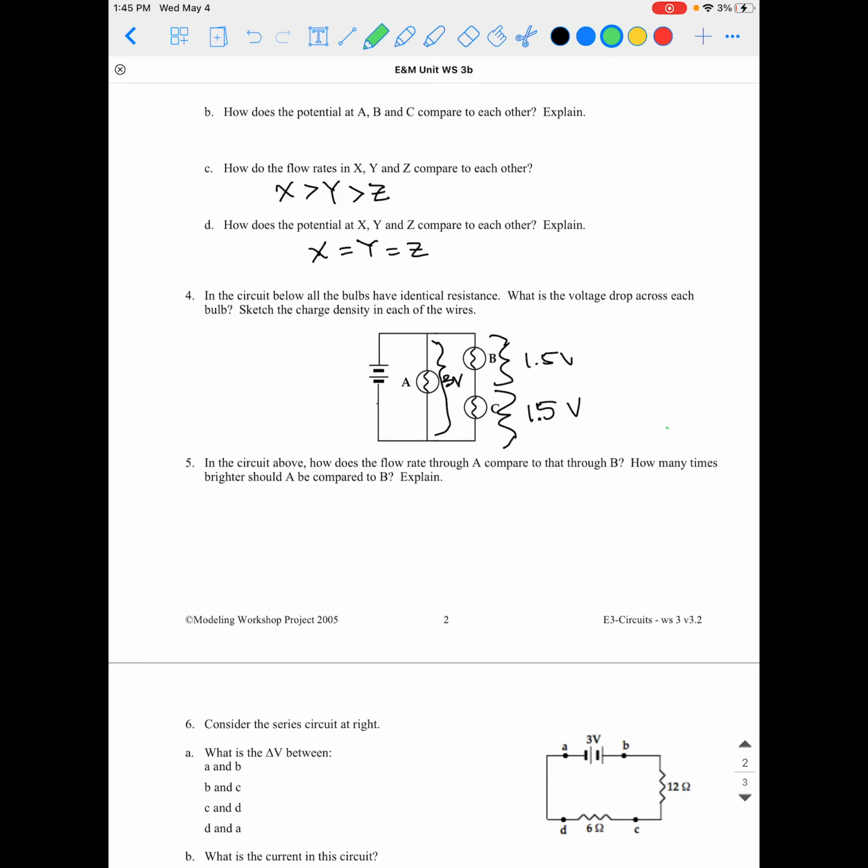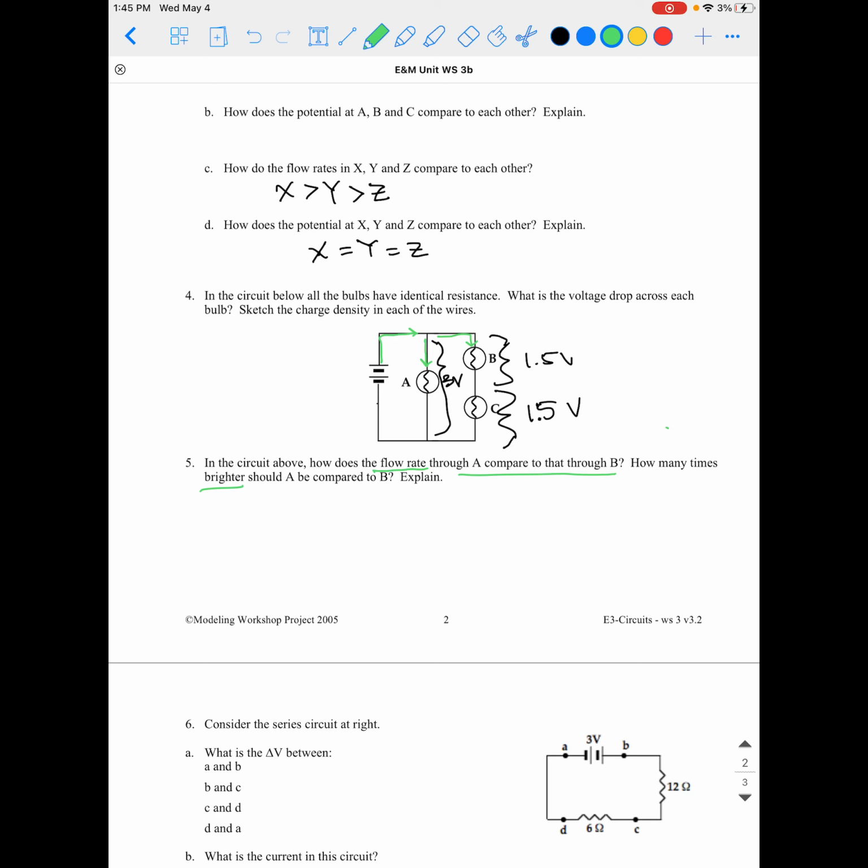All right, so in number 5, we're talking about the flow rate through A compared to B, and then we're looking at the brightness. So the flow rate here, as you come out of the battery, it's going to be the total current, but as it hits this junction, as it approaches resistor A and B, the current is dependent upon the total resistance.